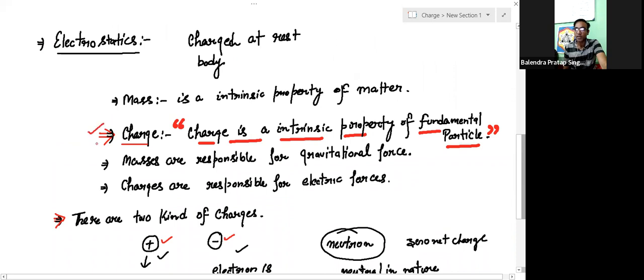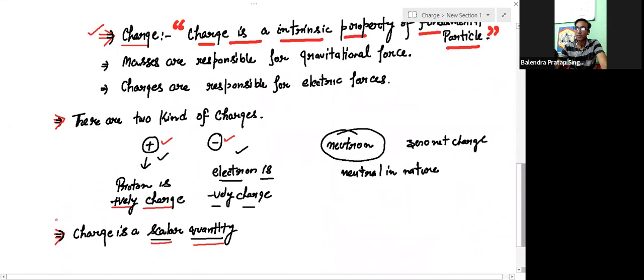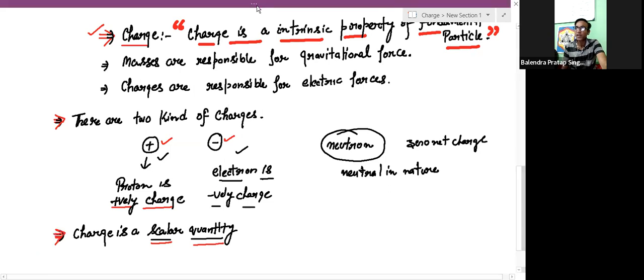Next, there are two kinds of charges, positive and negative. And next, charge is a scalar quantity.